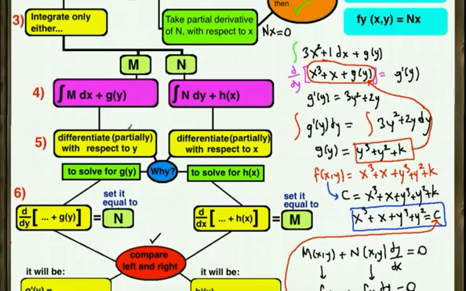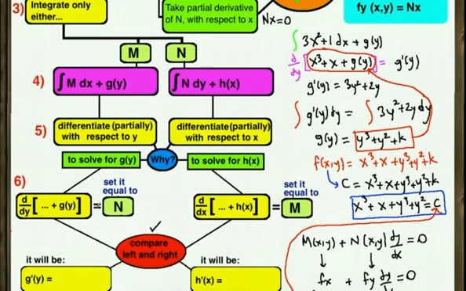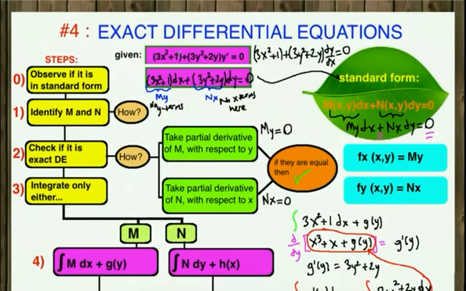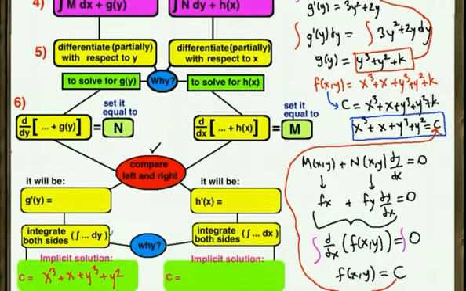Then you differentiate partially with respect to y to solve for g of y, or you differentiate partially with respect to x, and you set it equal to the other half of the original function. So if you integrate this part, you set it equal to this part of the function. If you integrate the n part, then you set it equal to the m part at this step.